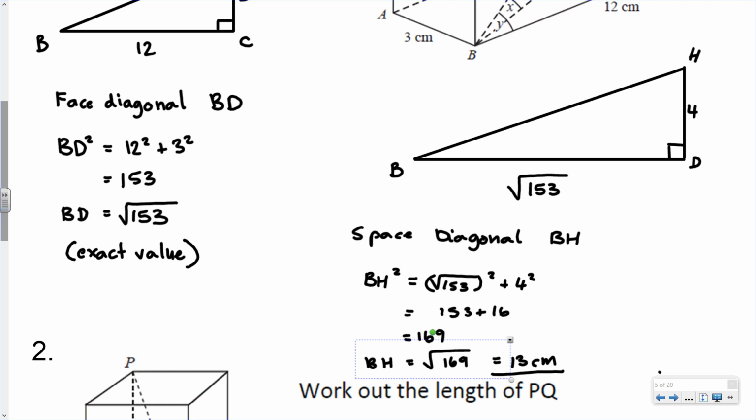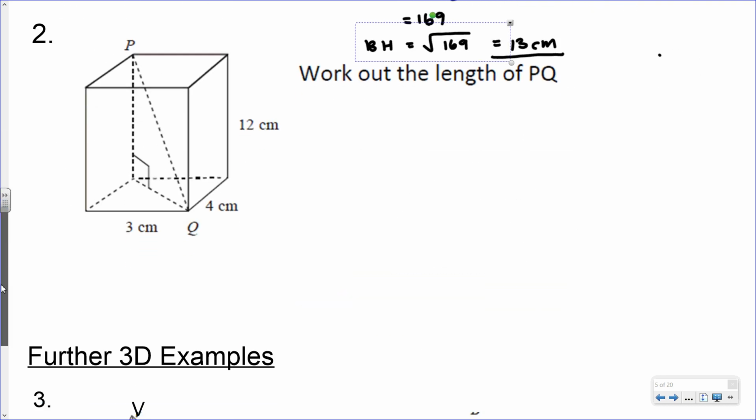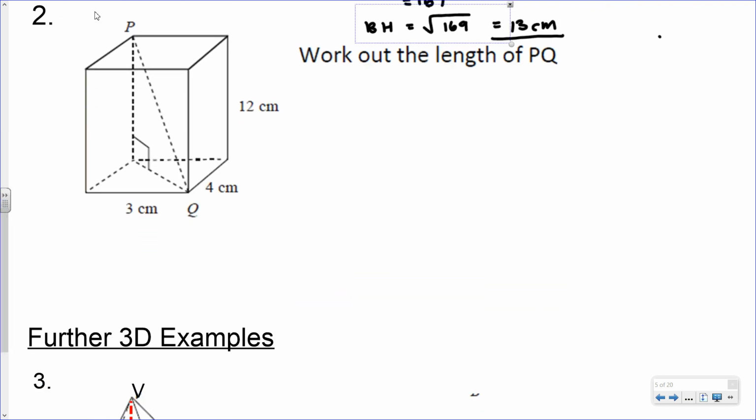Okay, let's have a look at question 2. So again, we have to work out the length of a space diagonal, this time PQ. So P to Q is going through this space here. And I've already got a right angled triangle here constructed for me.